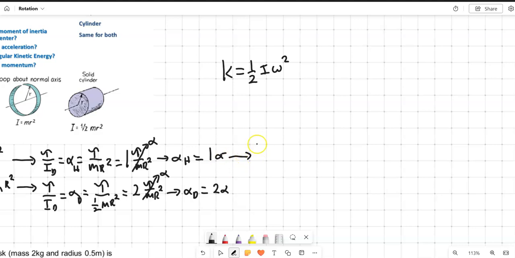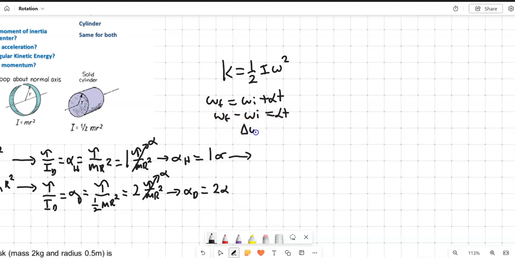And I don't know if you remember, but omega final equals omega initial plus alpha times t. So omega final minus omega initial is equal to alpha times t.